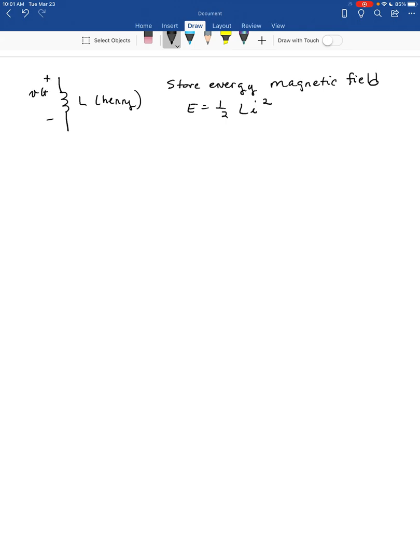The relationship between the inductor voltage and the inductor current is that V is L di dt. So once again, it's a derivative relationship. So notice if I is constant, then that derivative di dt is 0, meaning V of t is 0.